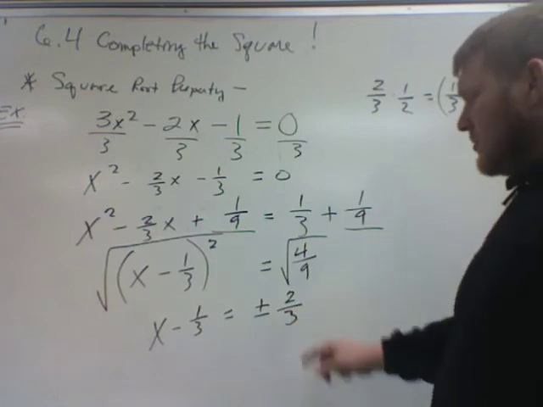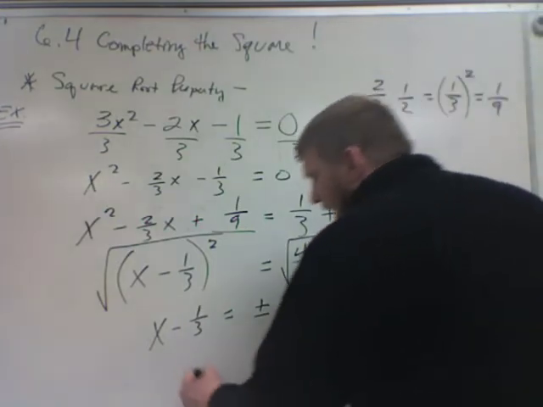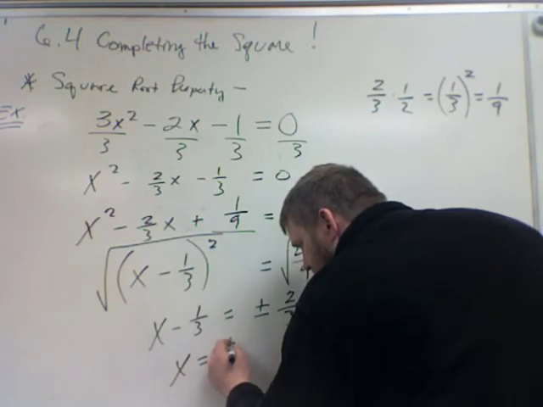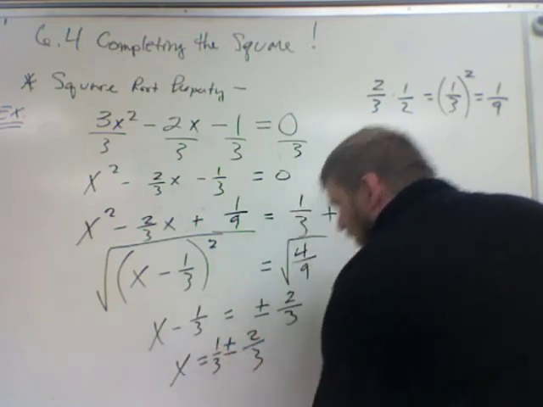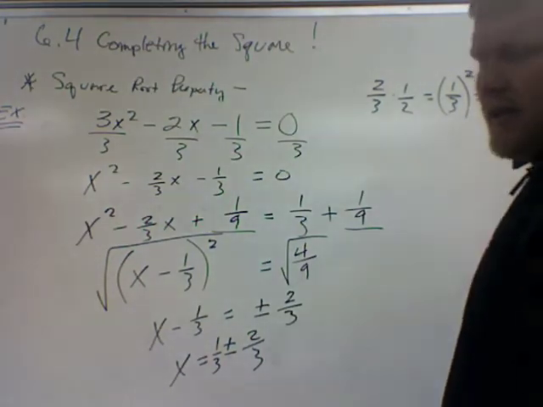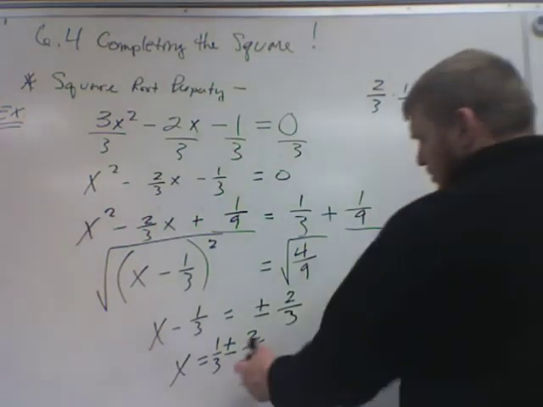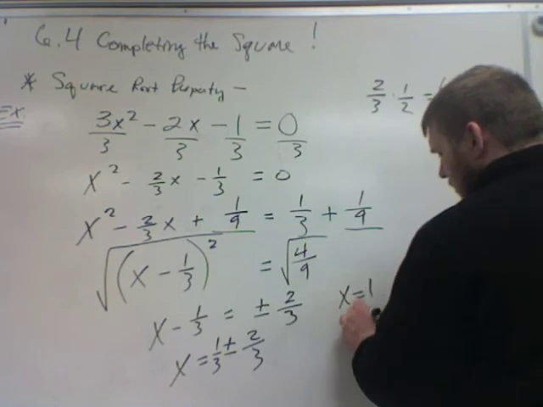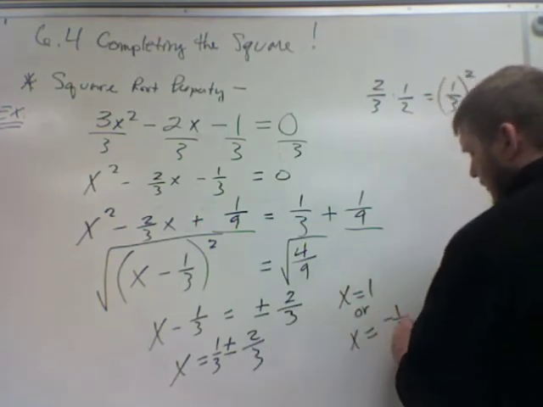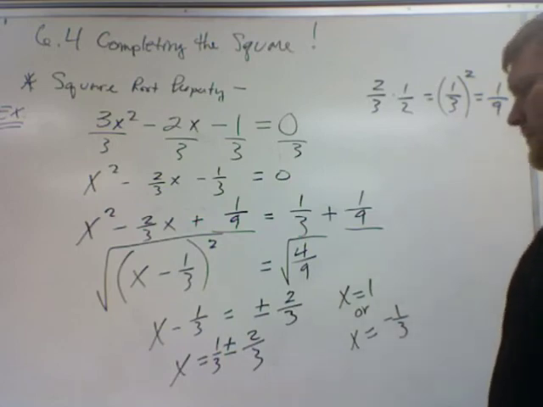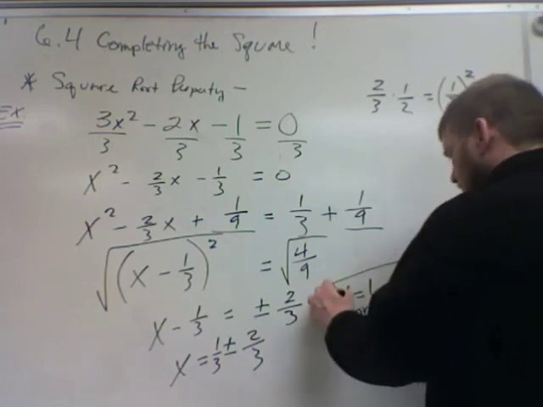So plus or minus 2/3. And then just add over 1/3, and there's your answer, I guess. So I suppose you could have x equals 1 or x equals negative 1/3. So there's your solution.